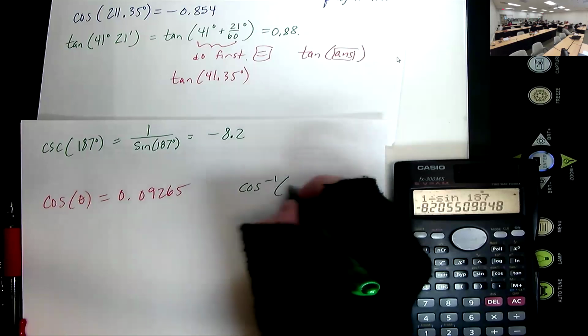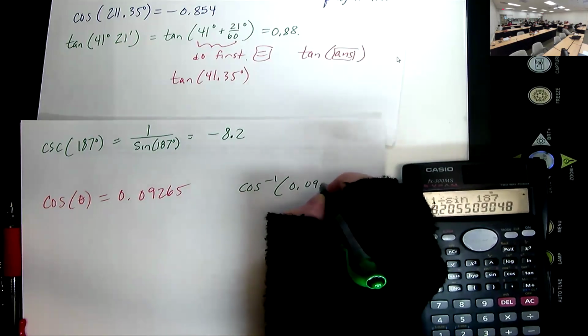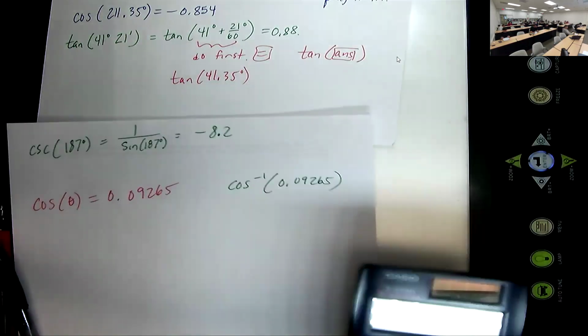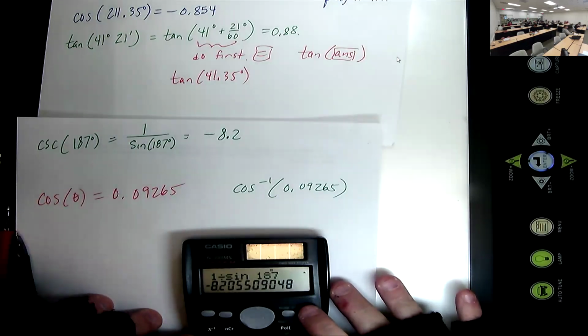This is the same as cosine inverse of 0.09265. Most scientific calculators have this, so you should have it on your scientific calculator. You may have to figure out how to use it.